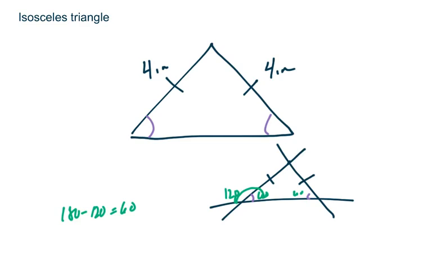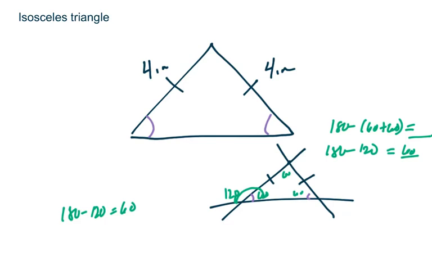And then we would say 180 minus 60 plus 60 equals our missing top angle. So 180 minus 120 equals 60. So I've gotten even farther. I've found out that this is an equilateral triangle because all angles are 60. But that doesn't mean it always is going to happen like that.